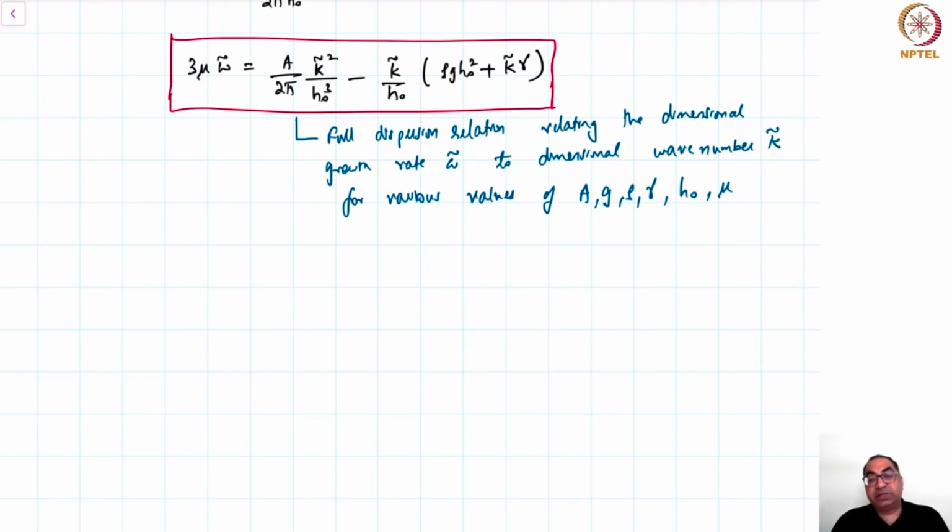We have now derived the general dispersion relation for the dimensional growth rate omega tilde in terms of all the dimensional parameters in the problem. That is the thickness of the thin film H naught, the wave number k tilde, gravity G, density rho, surface tension gamma, and viscosity mu.